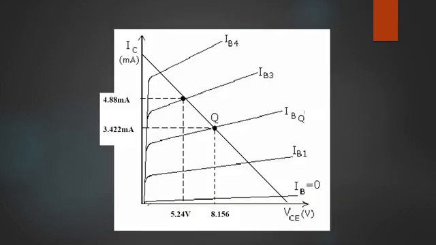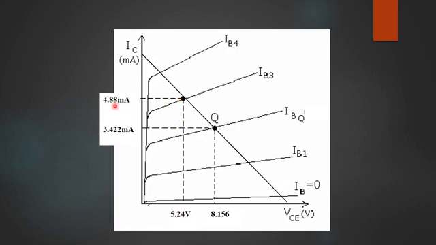Comparing the results of problems 1A and 1B, in the first problem for beta equal to 70, VCE was 8.156 volts. Corresponding to that, the collector current was 3.422 milliamperes. When beta changed from 70 to 100, the VCE value changed from 8.156 to 5.24 volts.